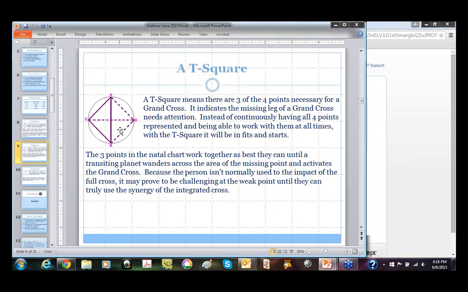The sun and the inner planets, they're going to transit one sign a month, the whole chart once a year. So once a year, it's going to be the same time for you every year that the sun hits that missing point if you have a T-square. Mars is in a sign about 2 months and it comes around about every 2 years.